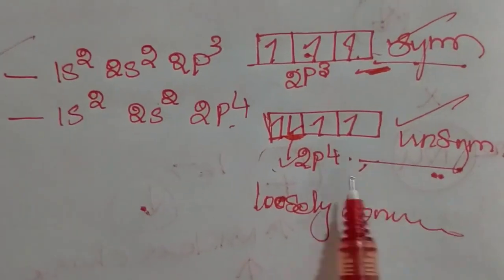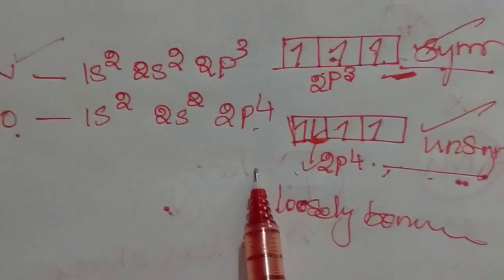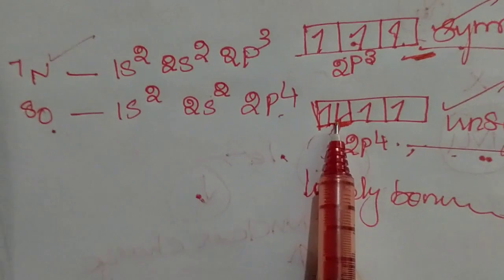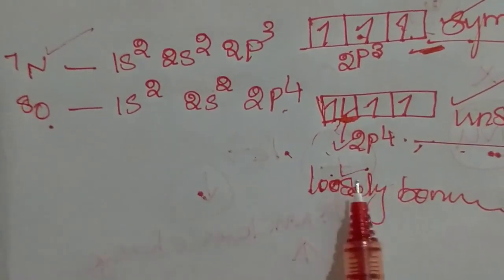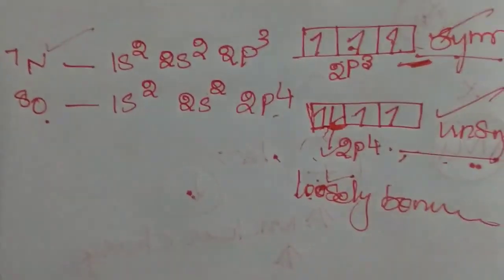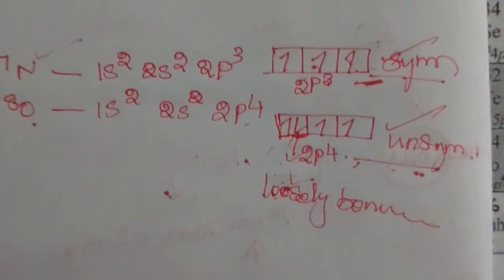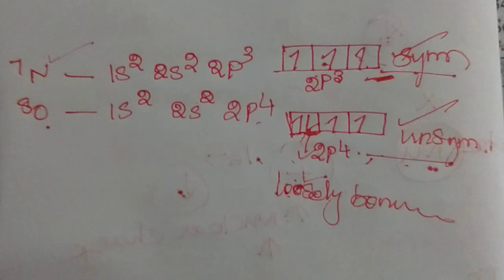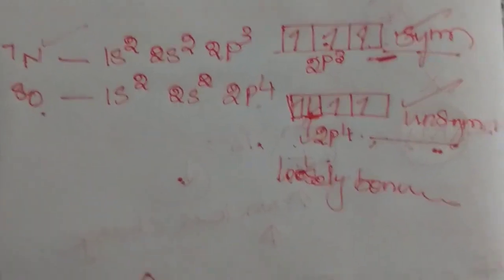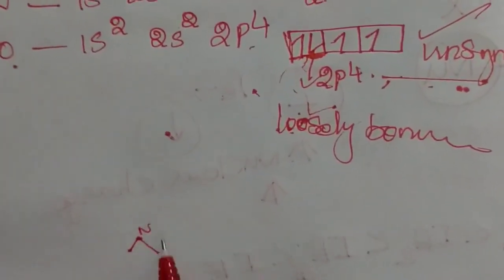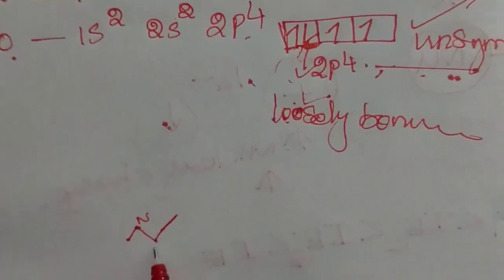There is no symmetrical distribution in oxygen. So this last electron is the loosely bound electron, so we can easily remove that last electron from oxygen. That's why the ionization energy of nitrogen is more than that of oxygen.